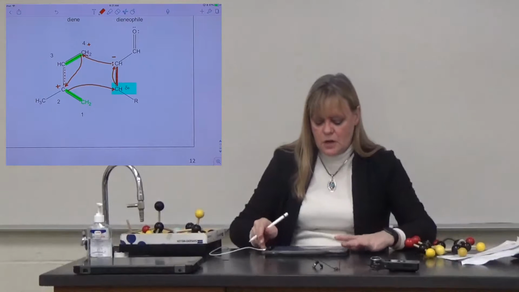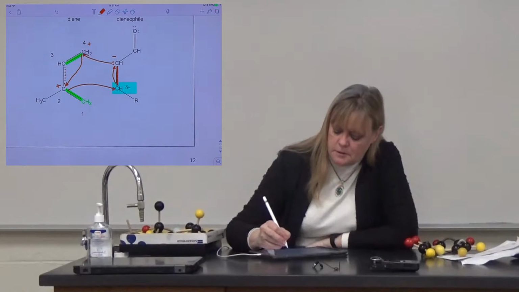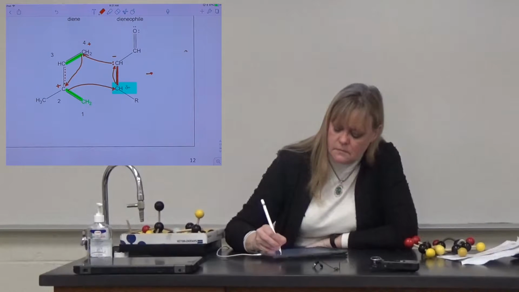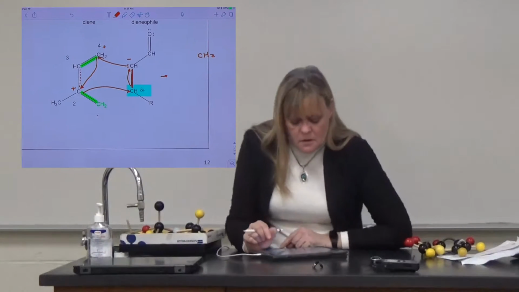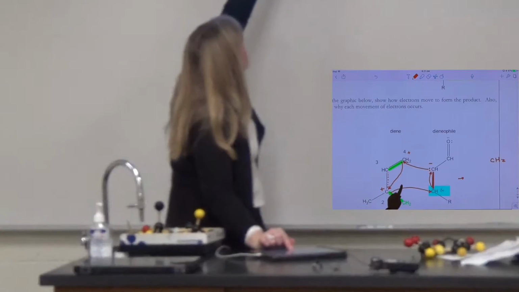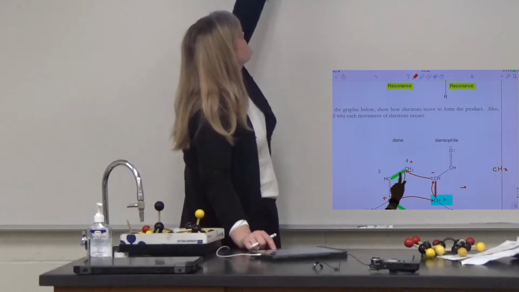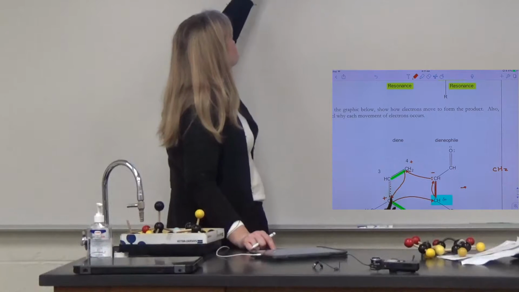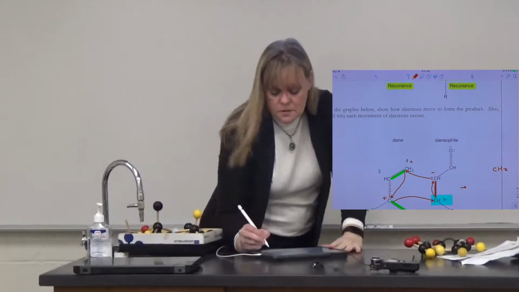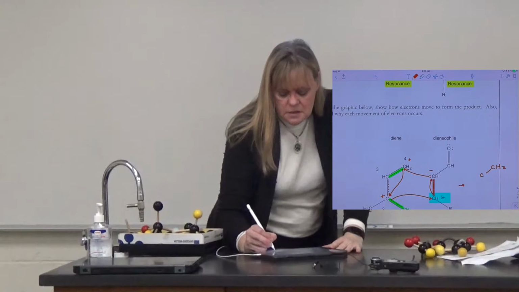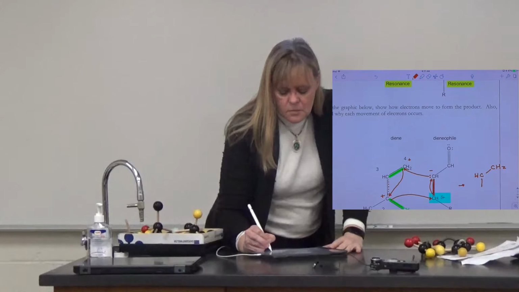All right, here's your product. Starting with this CH2 group here. I've let go of this, so now this is a single bond here and it's become a double bond here. So CH2 coming down to the CH double bond.